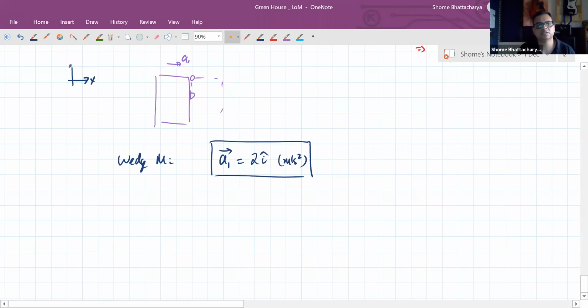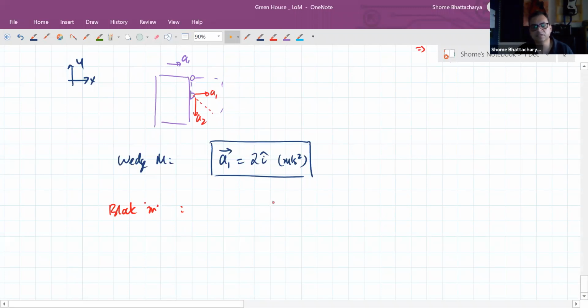So you take the x axis like this and y axis like this. But as far as the block small m is concerned, what is happening is that it has this component of acceleration a2, but it also has this a1 because in the ground frame ultimately it's moving like this.